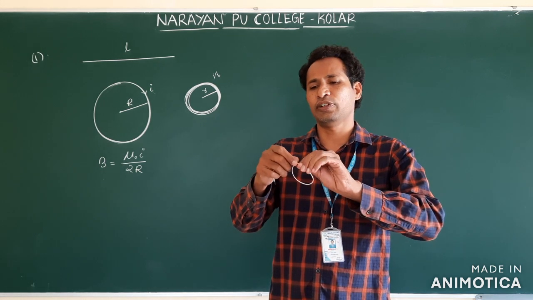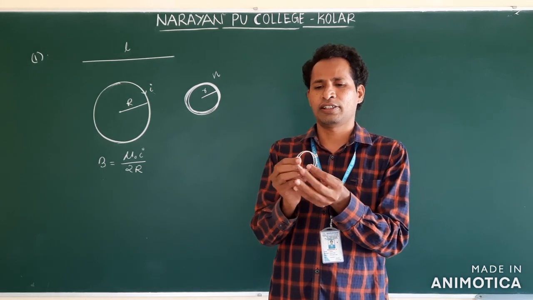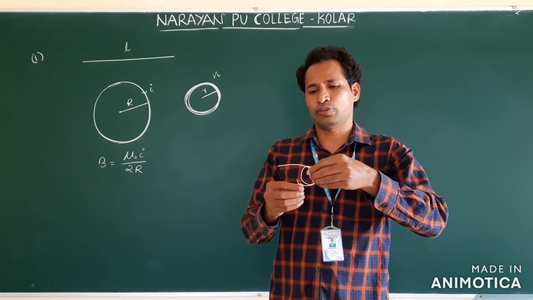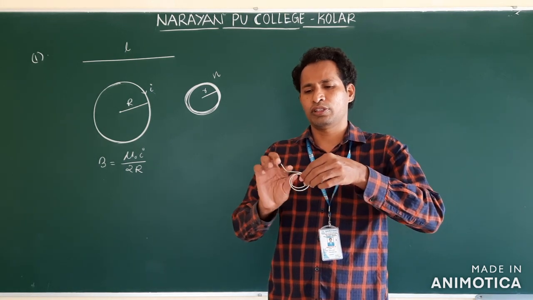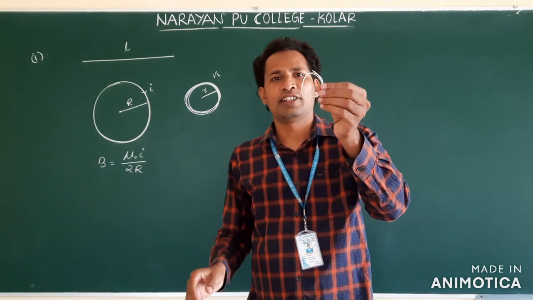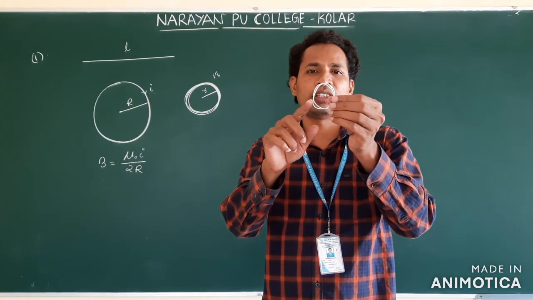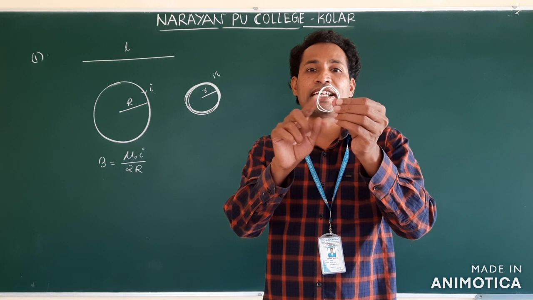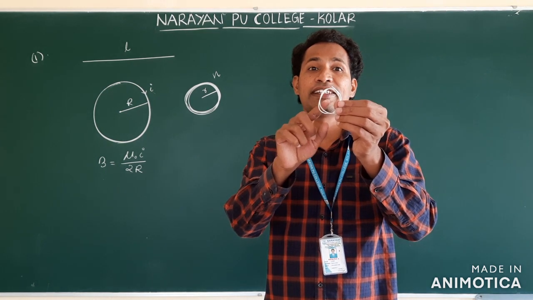If you take the lengthy wire, the same conductor, and make it into a number of loops, now I made it like this. Number of loops are 2. But what has changed? The radius of the loop changed.